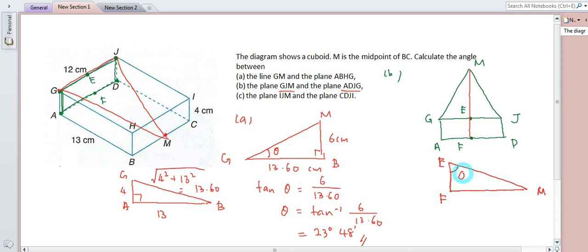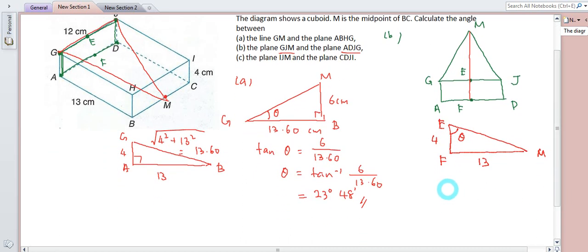So this angle theta, EF is equal to 4 centimeter and FM is equal to 13. So tangent again, tangent theta equal to opposite divided by the adjacent. So theta is arctangent 13 divided by 4. You will get 72 degree 54 minutes. So we go to part C.